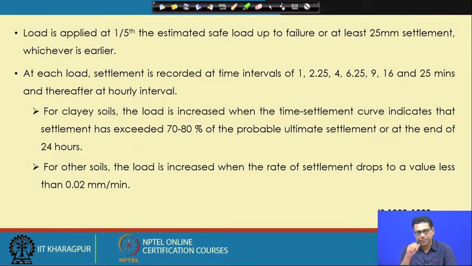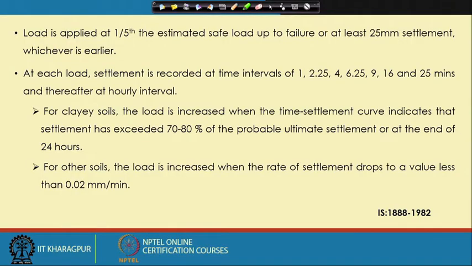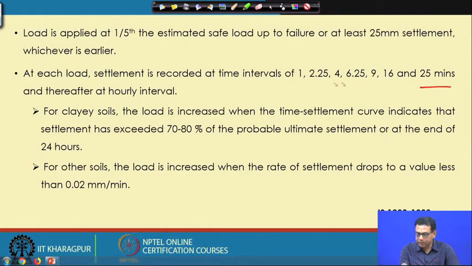So, that means we first apply, say, 20 kilonewton, and then we record it for 1 minute, 2.25 and 4, like this interval, up to 25 minutes, then every 1 hour we take the reading of the settlement. We are taking the reading of the dial gauge or the LVDT to get the settlement. We are measuring the settlement.